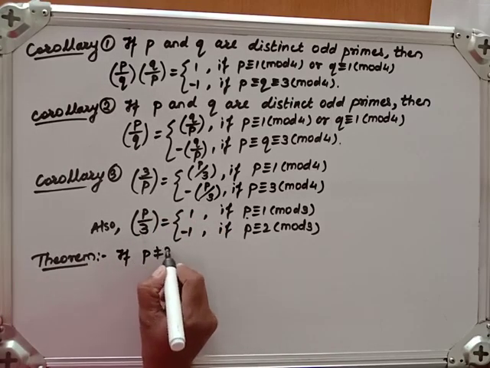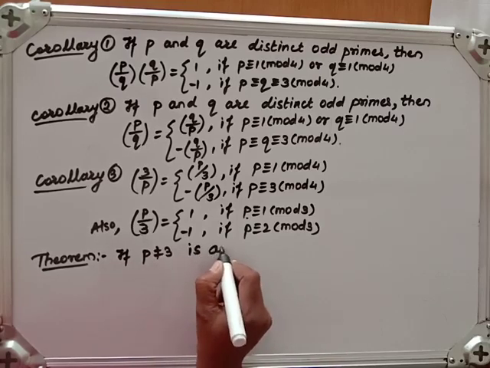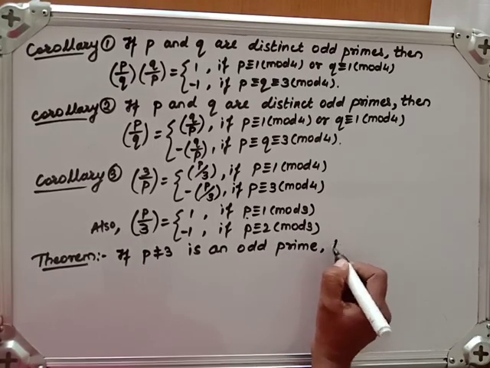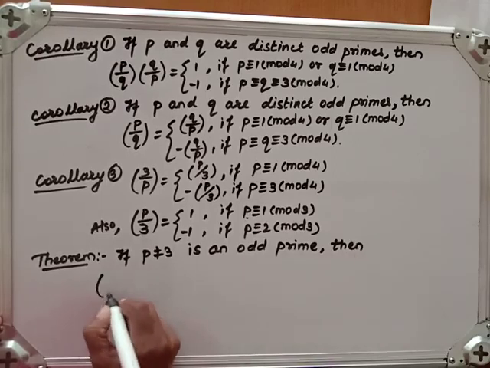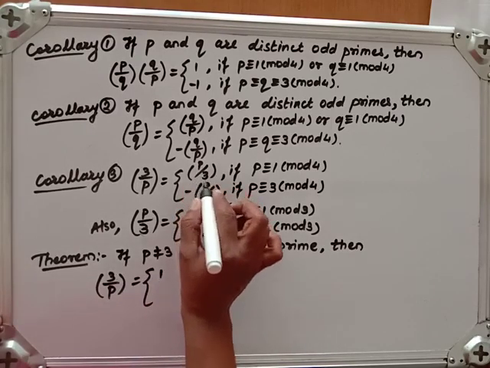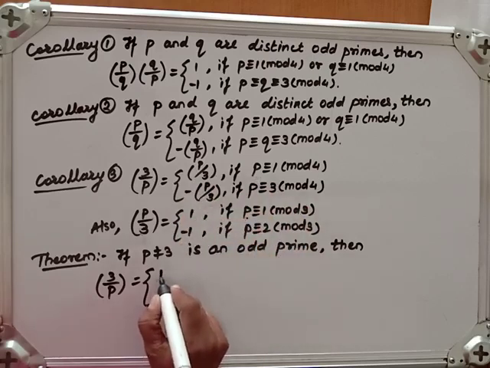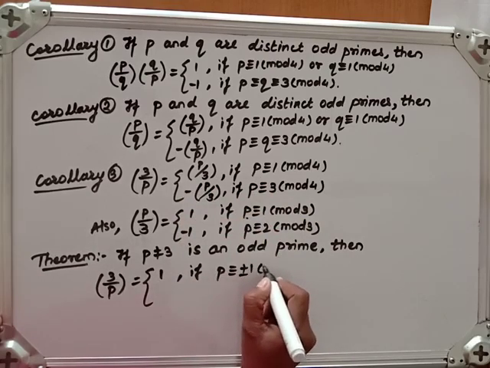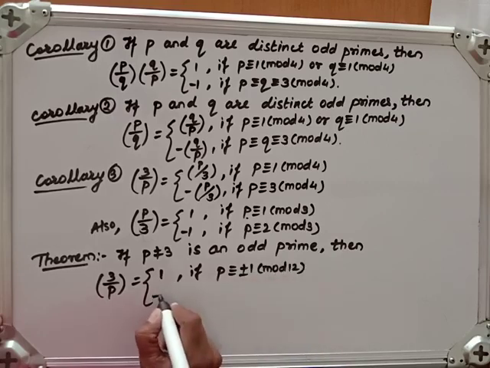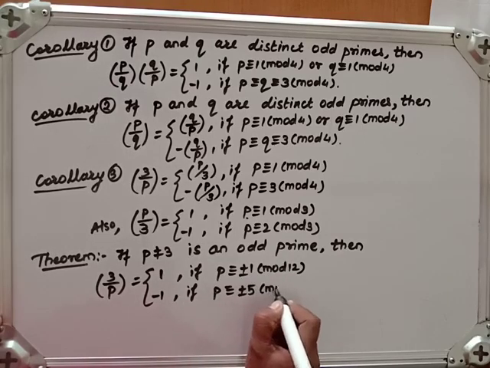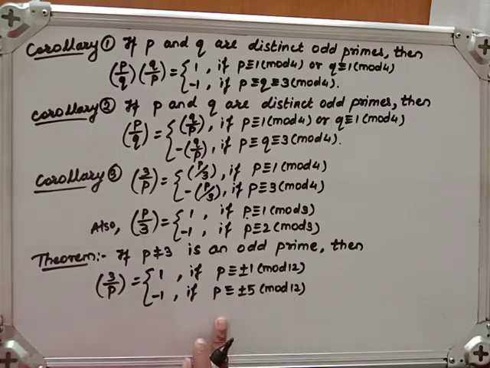If P not equal to 3 is an odd prime, then the Legendre symbol of 3 by P is 1 if P is congruent to plus or minus 1 modulo 12, and minus 1 if P is congruent to plus or minus 5 modulo 12. This is a theorem.